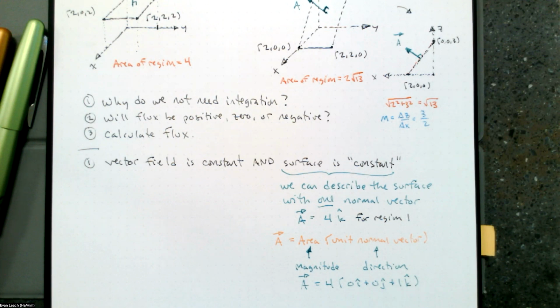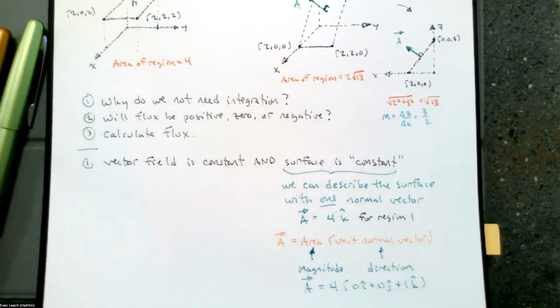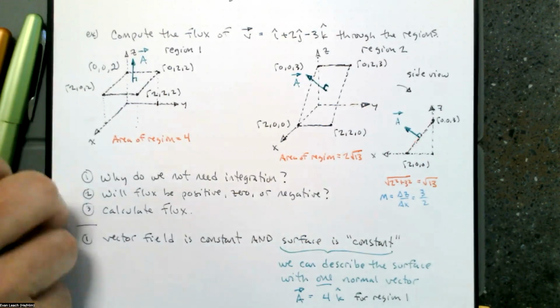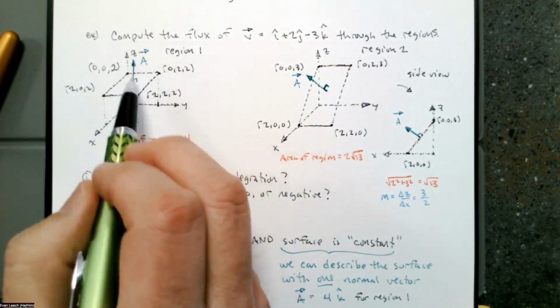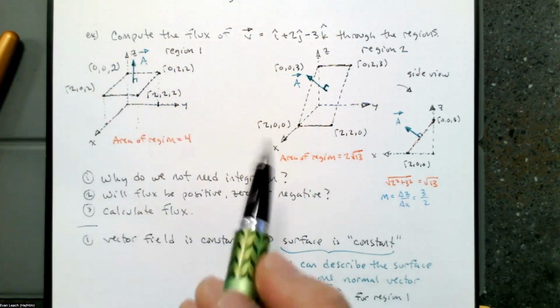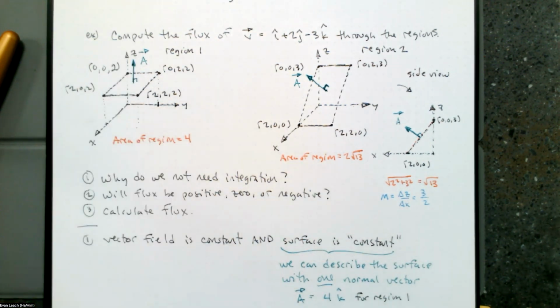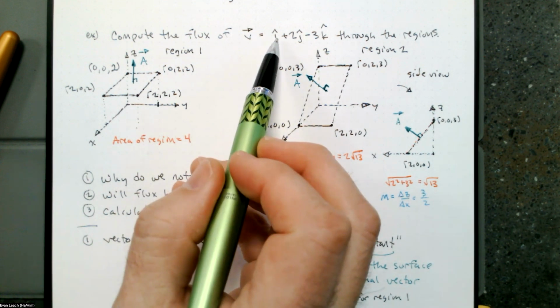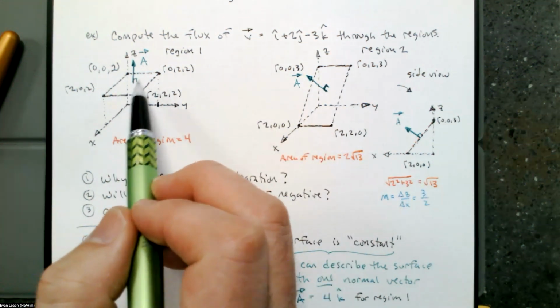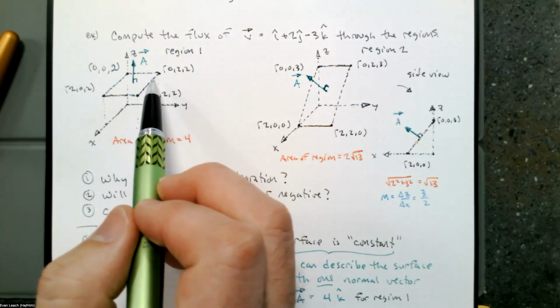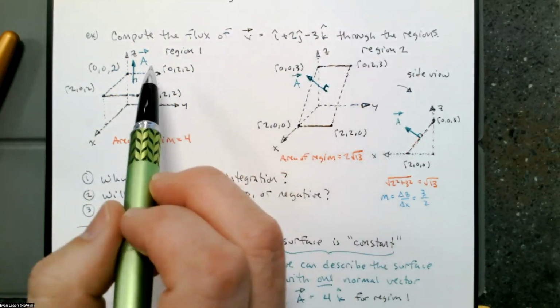So for region 1, we want to speculate whether the flux is going to be positive, 0, or negative. Notice that the orientation of the surface is generally up in the z direction. It's 0 in the x and y, so the orientation is all up in the z direction. The vector coming through this surface is 1 in the x direction, the surface doesn't care about that, 2 in the j direction, the surface doesn't really care about that, but -3 in the z direction.